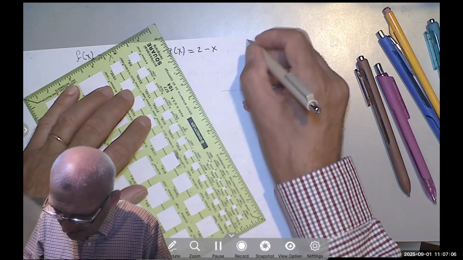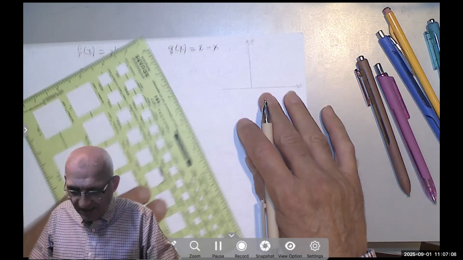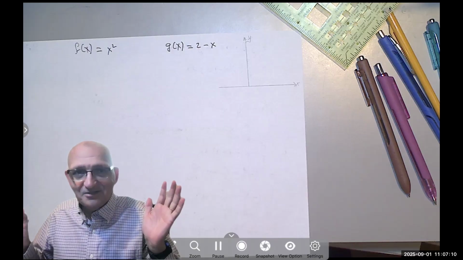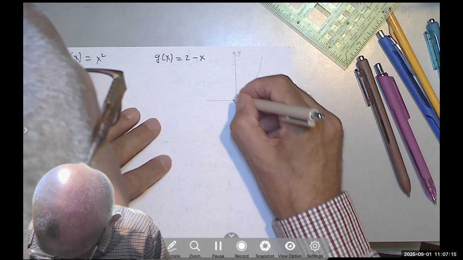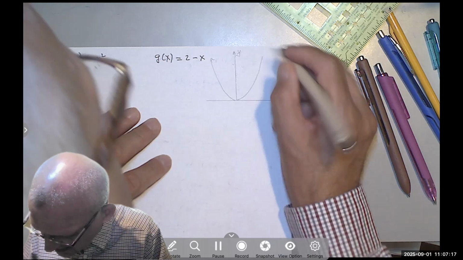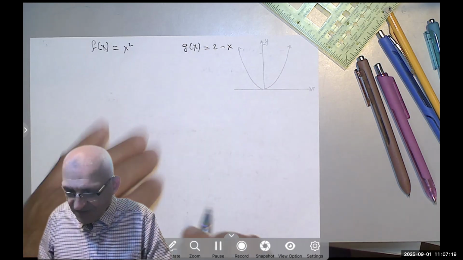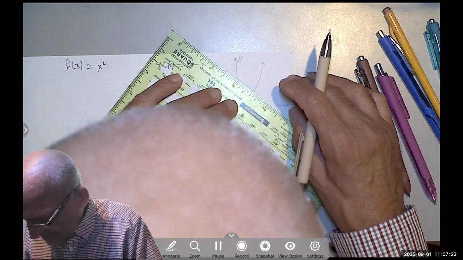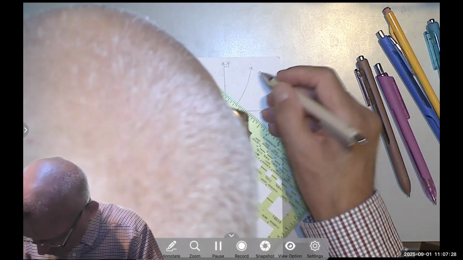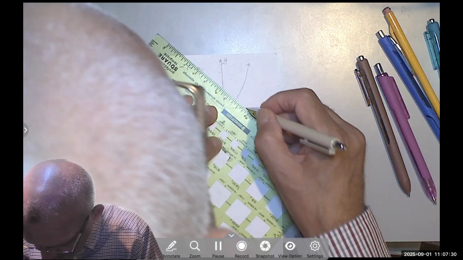The x, the y, again, x squared. So it passes through the origin. And again, the y-axis is the axis of symmetry because we don't have an x term. 2 minus x, we already have done that. So if we take 2 and 2, 45 degrees.